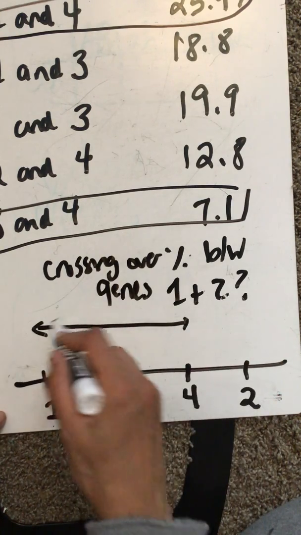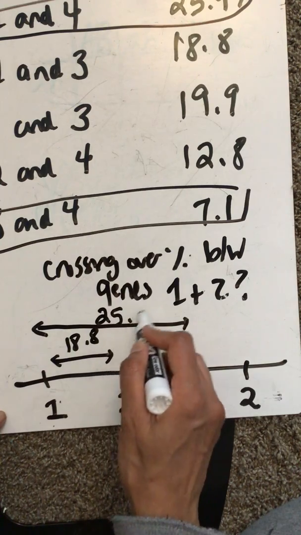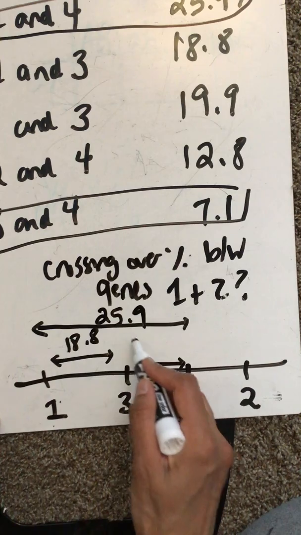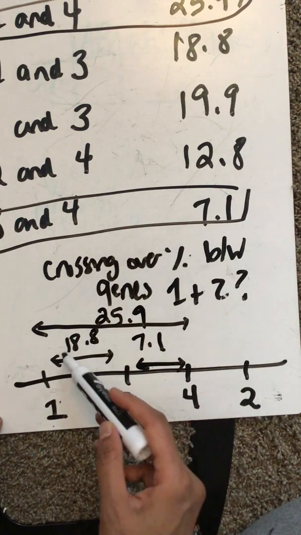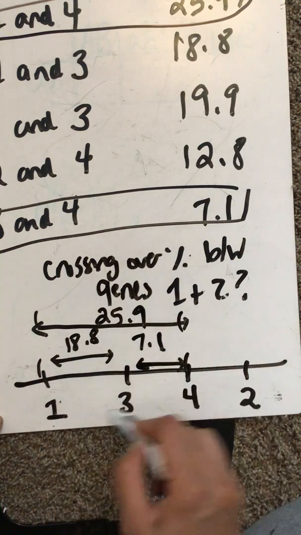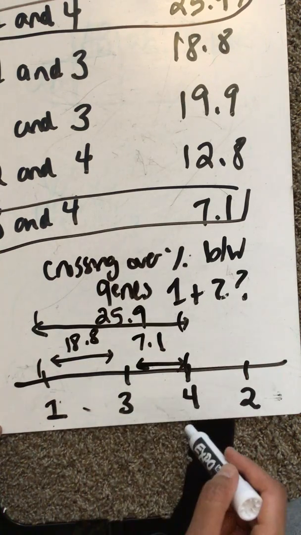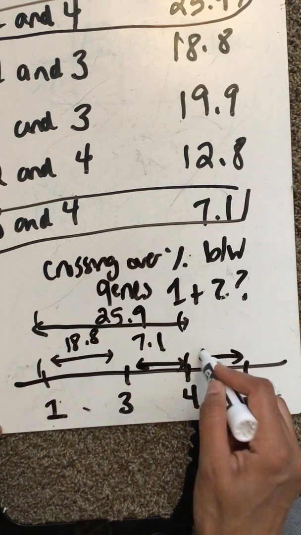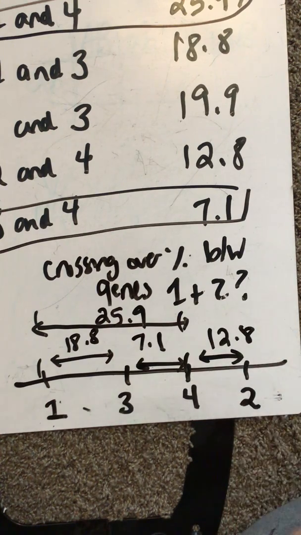It's 25.9, which means the distance between 3 and 4 has to be 7.1. 18.8 plus 7.1 is 25.9. Guess what? That works. And then the distance between 2 and 4 is 12.8.